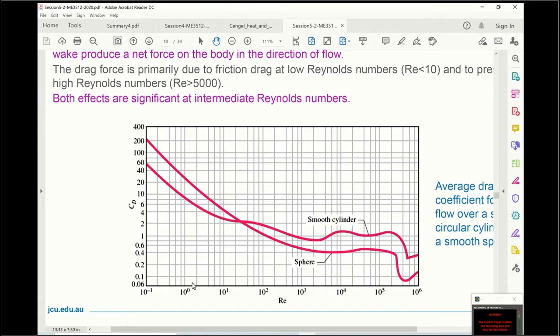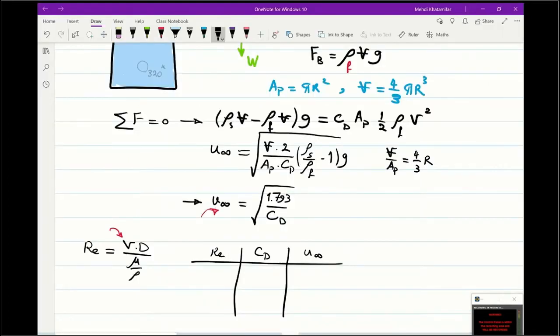I'm going to select the easiest one because I want an easy calculation. CD here shows us it's around 100, so if Reynolds number is 100, CD is going to be 1. It's a good starting point.